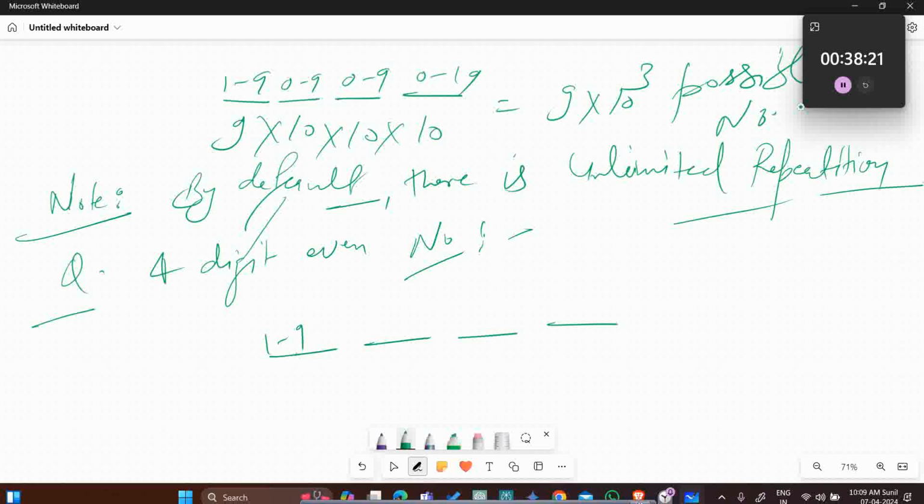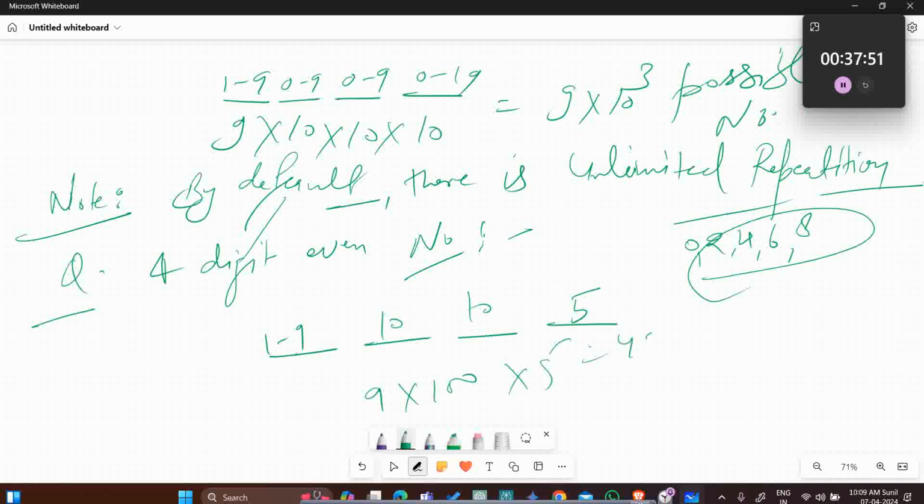Even numbers are those which end with 0, 2, 4, 6, 8, so 5 options are available here. You can choose 5 things here, and all 10 in the others. So 9 into 100 into 5, 4500 is the answer here.